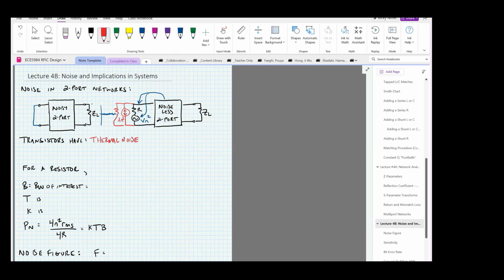Yeah, thermal noise, this is due to what we generally model as Brownian motion in the circuit. They have shot noise, flicker noise, something we call burst noise.